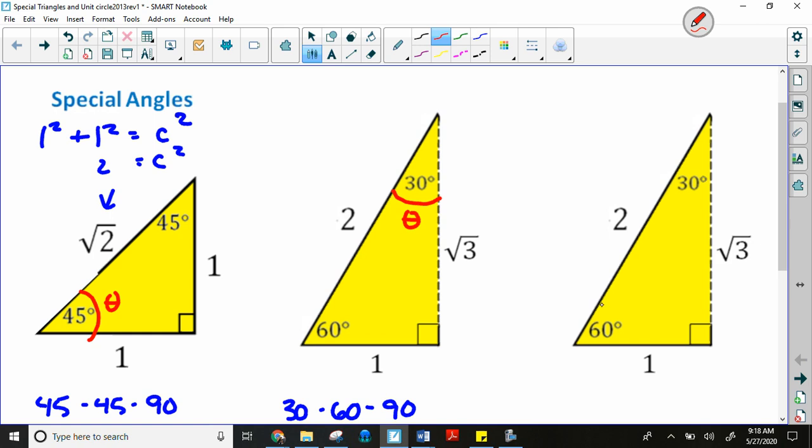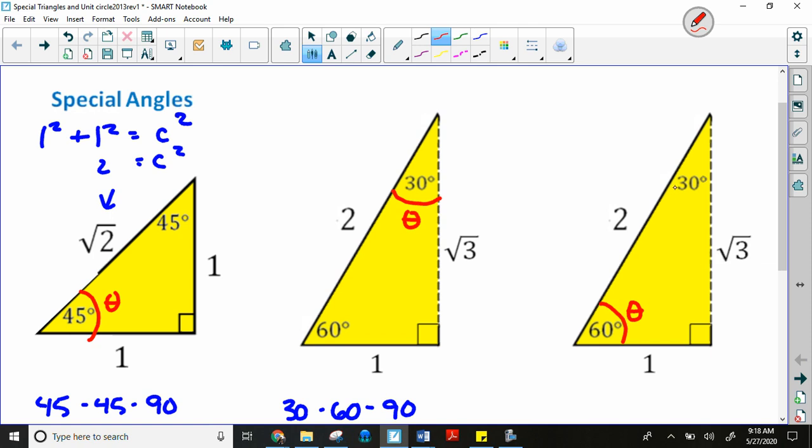If you're thinking of 60 as the theta angle, opposite 60 is the second largest side. Even though the magnitude of 3 is larger than 2, the square root of 3 gives you a number that's 1 point something, so it's bigger than 1 but smaller than 2. So the second largest angle, 60, is across from the second largest side, root 3.